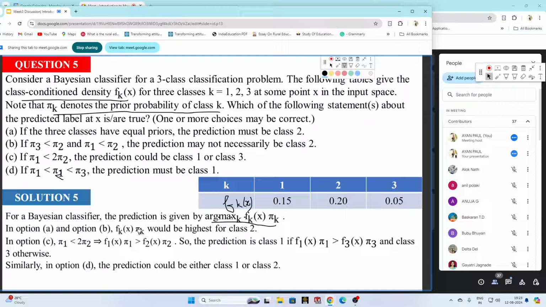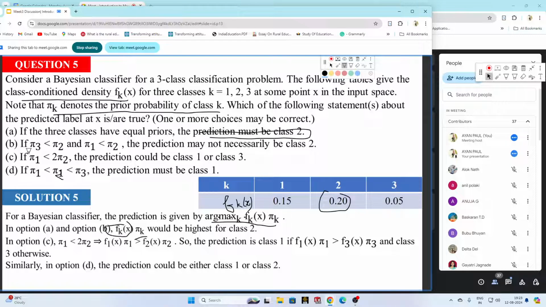Since pi is equal for all the classes, your prediction will depend only on f_k. Here in the table you can see that f_k is maximum for class 2, so the prediction must be class 2.